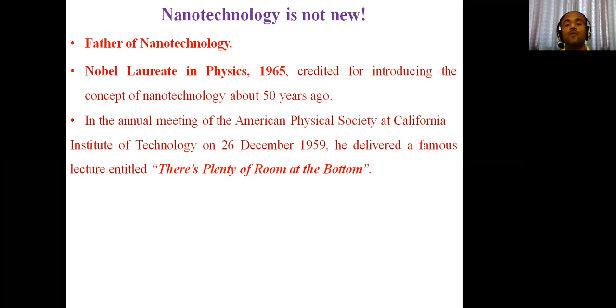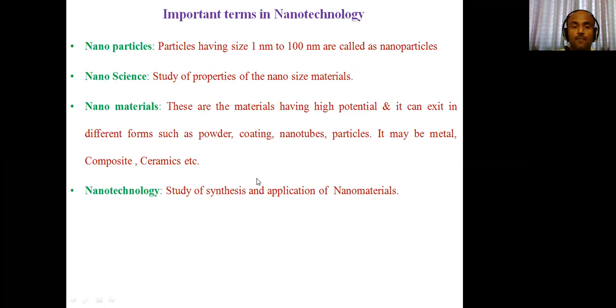Nanotechnology is not new to us. It is not exactly known from the ancient time, but there are some medicines in Ayurveda called bhasmas.